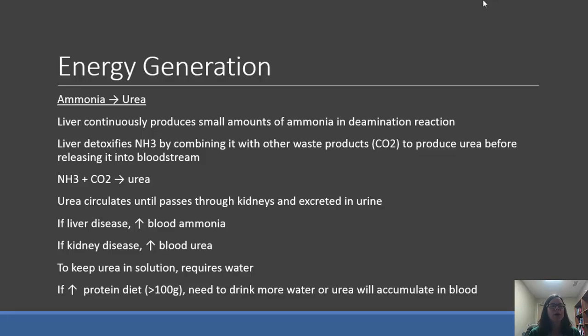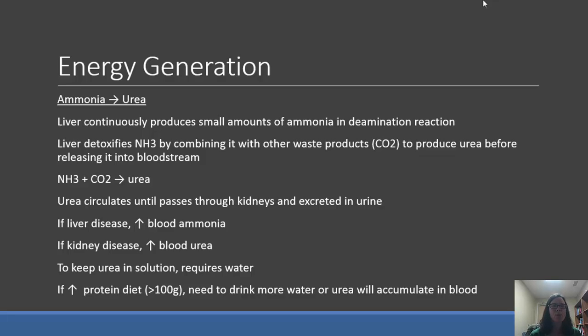In order to be converted to amino acids that we need in new products, the body is continually undergoing deamination. And therefore, we have these extra amino groups, which are nitrogenous in nature.